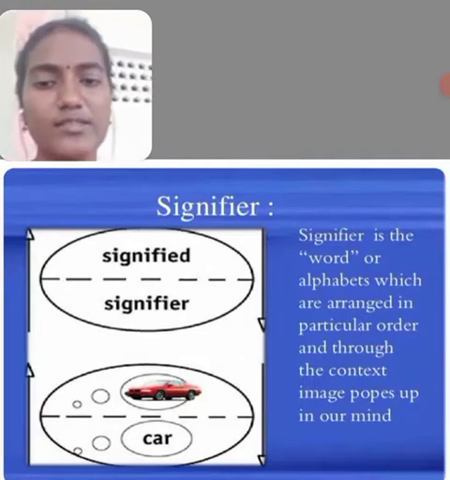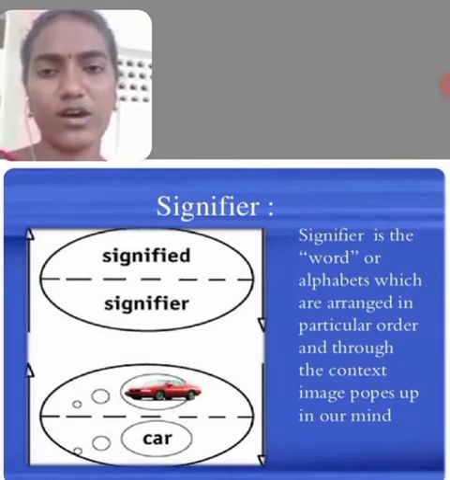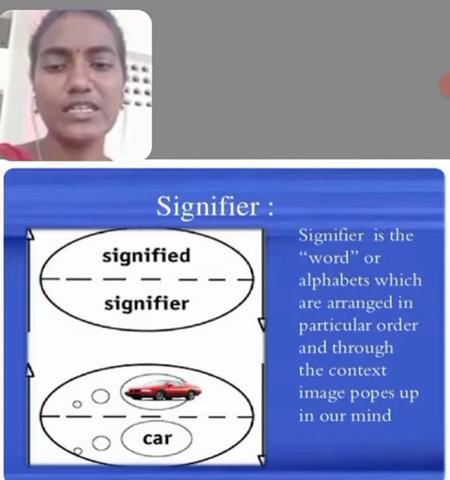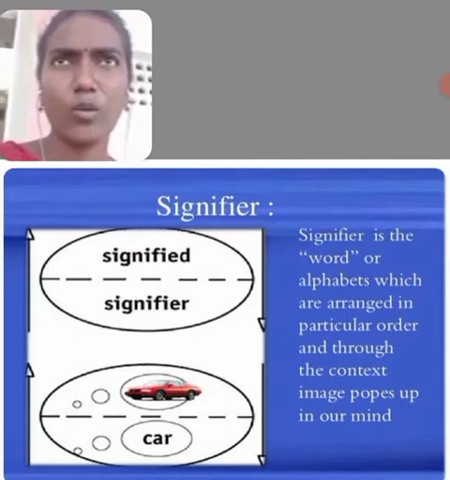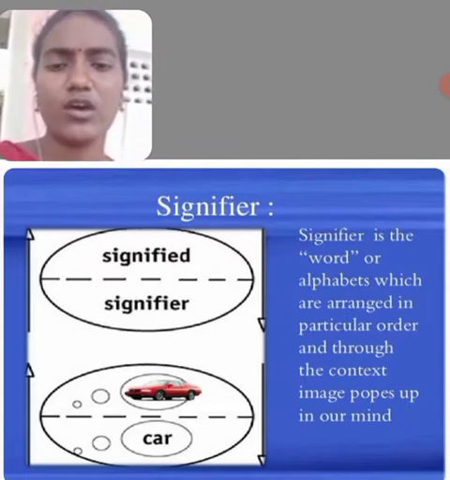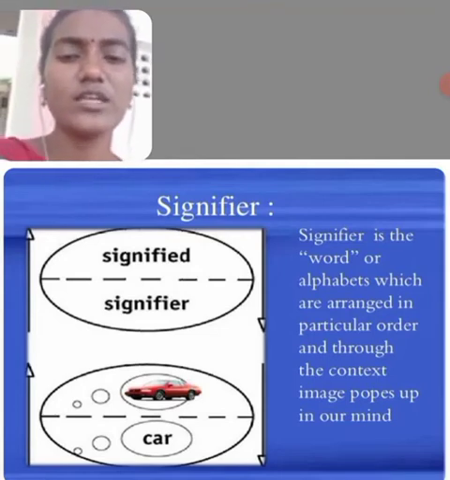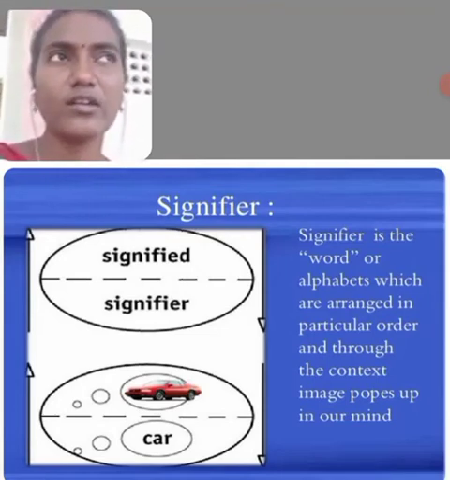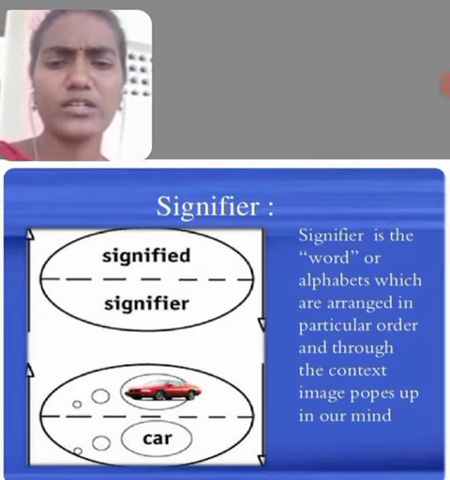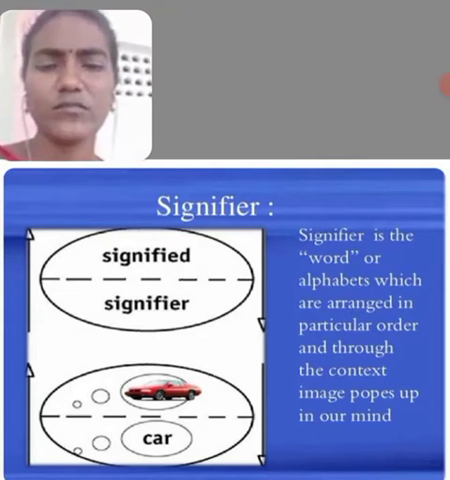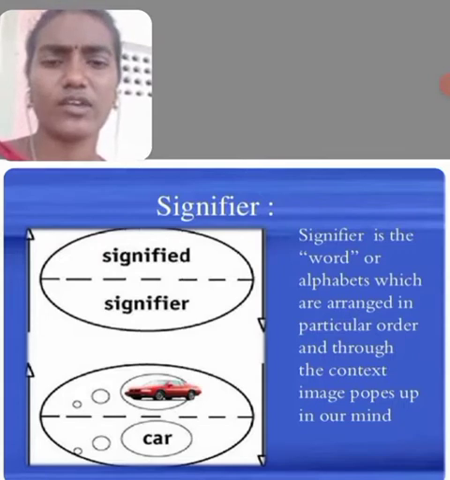Car, C-A-R, is a word called the signifier, to signify the object, the metallic machine, here a red colored object. In this picture, we see that car is a signifier and it signifies an object, a four-wheeler vehicle.